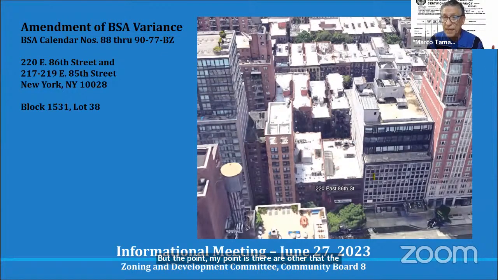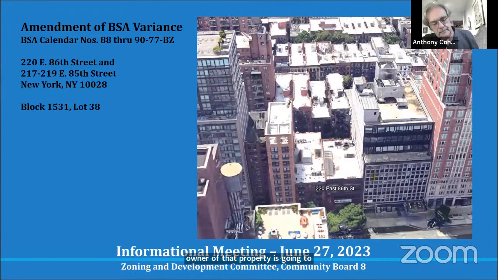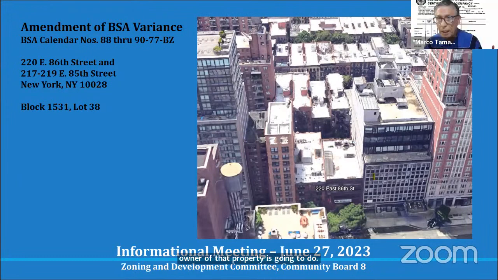The receiving lot of the air rights can also be put into inclusionary housing, so make it taller and provide affordable housing, different kinds of housing, and probably some business too. But if we don't have real knowledge of what the owner of that property is going to do, it is hard to make a decision. Probably they're going to do something nice, okay, we can support, but it's a mystery they put to us.